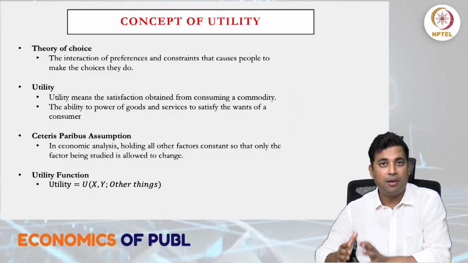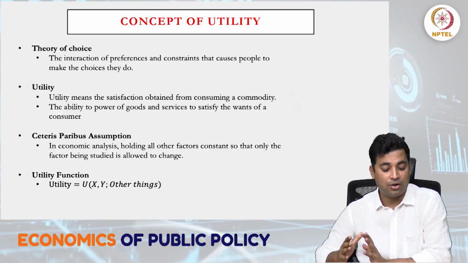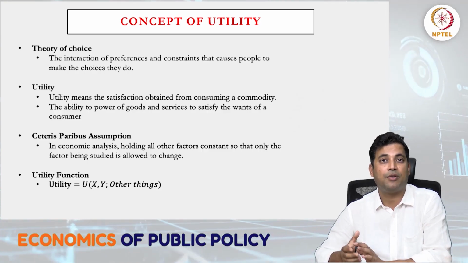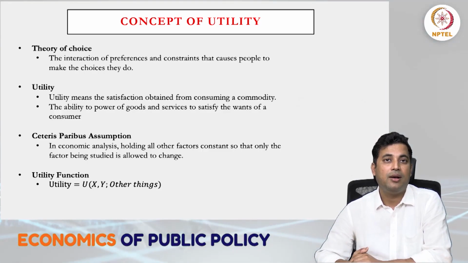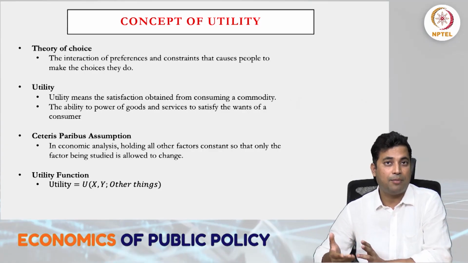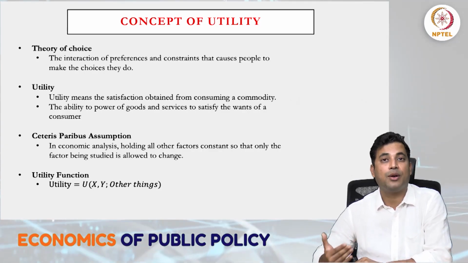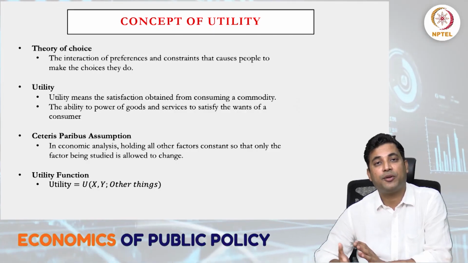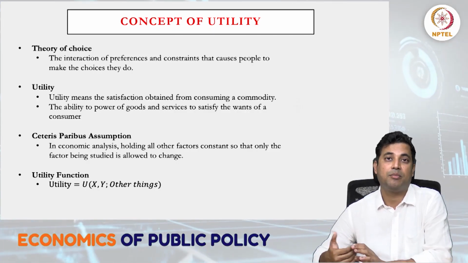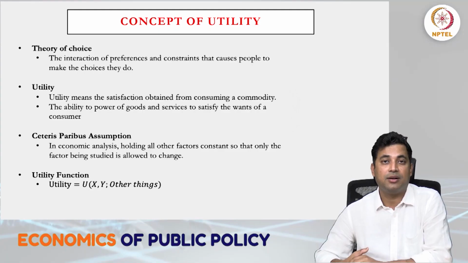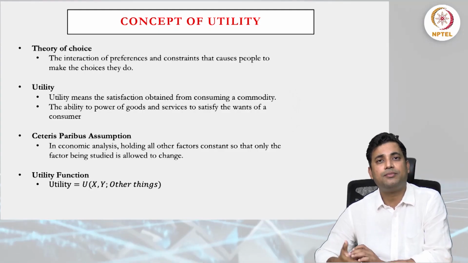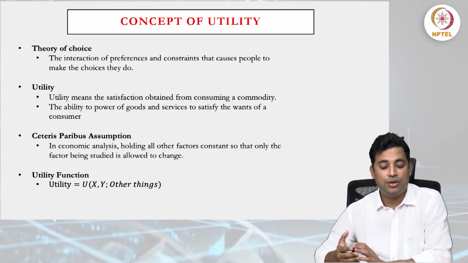To keep utility intact and understand it in a two-dimensional model, say we have two commodities, commodity X and Y, and other important factors like taste, preferences, demographic composition and geographical location.